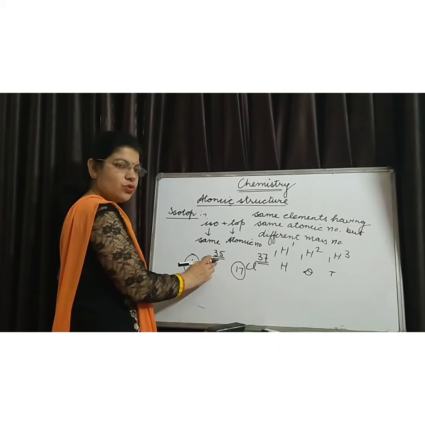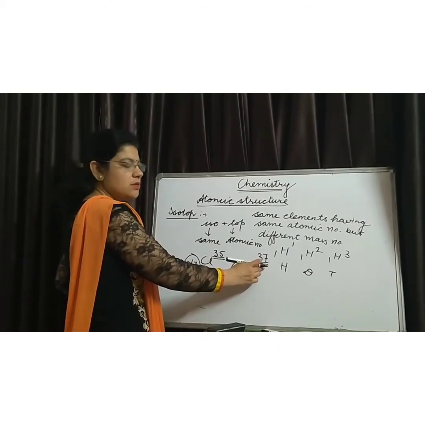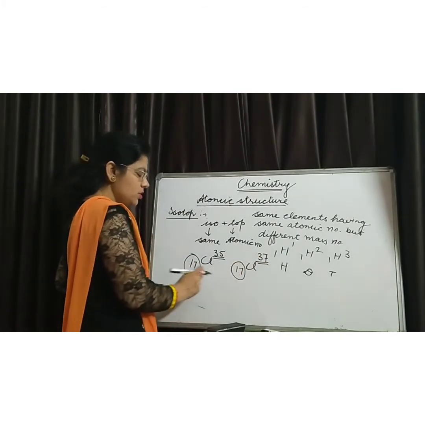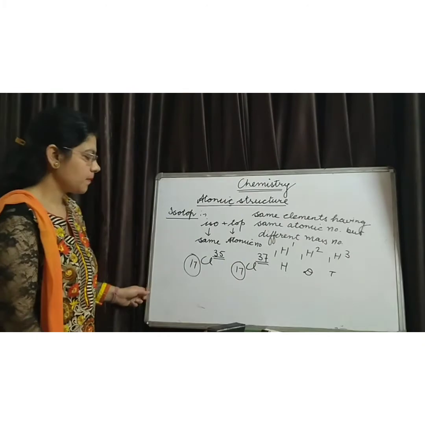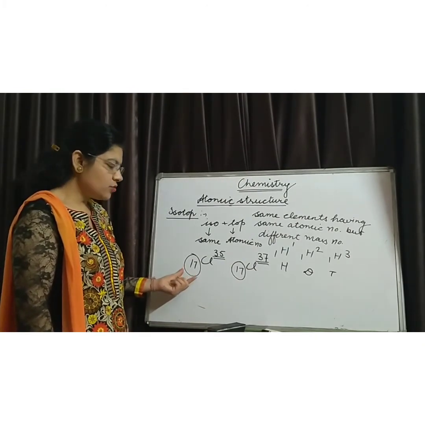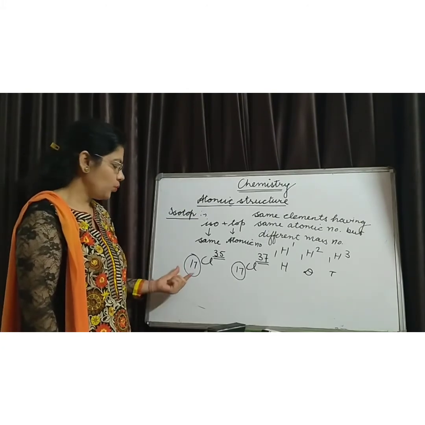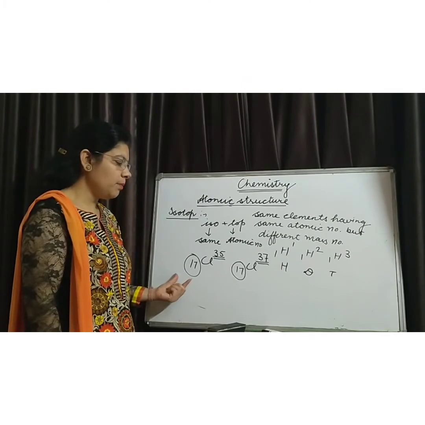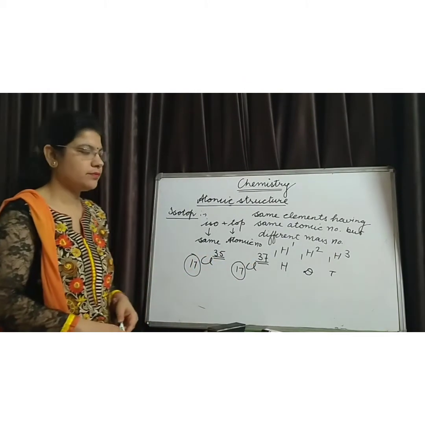In one isotope, the mass number is 35 and in another, the mass number is 37. These two are the isotopes of chlorine. Hence, we define isotopes as those atoms which have the same atomic number but different mass number.